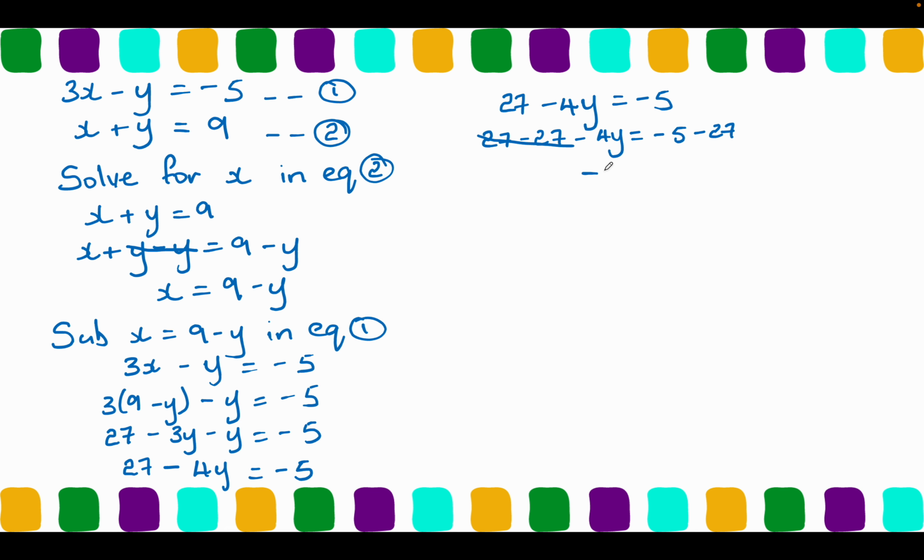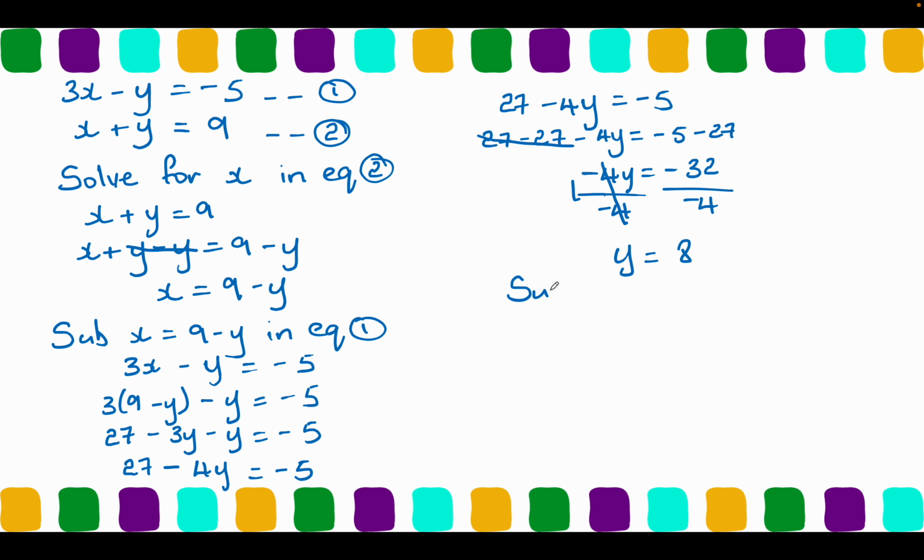So in this case, I should have minus 4y is equal to negative 32. Both signs here are the same, so we would add and keep the sign. Now to get y by itself, we're going to have to divide through by negative 4. That will be 1. And negative 4 into negative 32 will give us a positive 8.